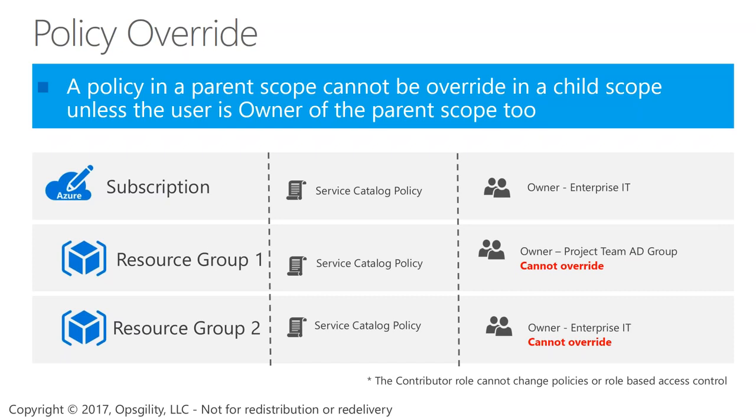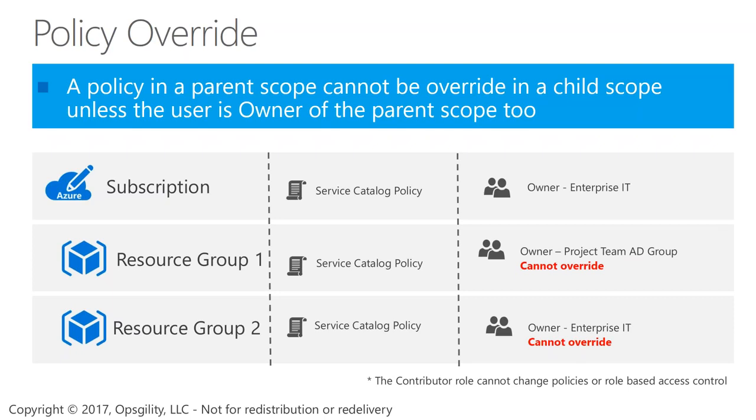Just to walk you through an example, I have in this diagram a service catalog policy that is applied at the subscription level. Now remember, policies are going to be inherited just like role-based access control. So this policy will apply for everything in that subscription.